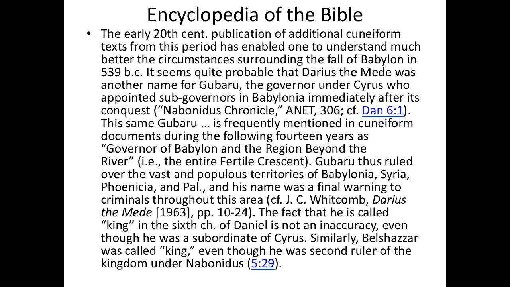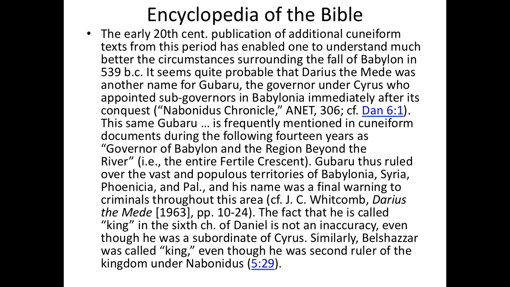If you go to the Encyclopedia of the Bible, it tells you that in the early 20th century we found these cuneiform texts, and it pretty much shows that it's quite probable that Darius the Mede was another name for Gubaru, a governor under Cyrus, who appointed sub-governors in Babylonia immediately after his conquest. The same Gubaru is frequently mentioned in cuneiform documents during the following 14 years as, quote, "the governor of Babylon and the region beyond the river."